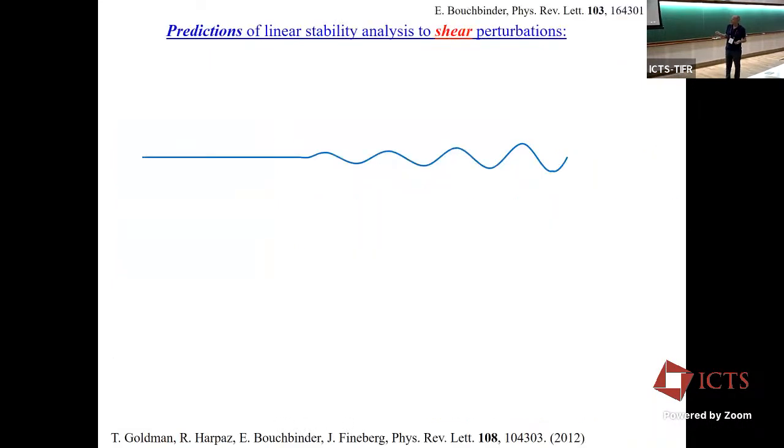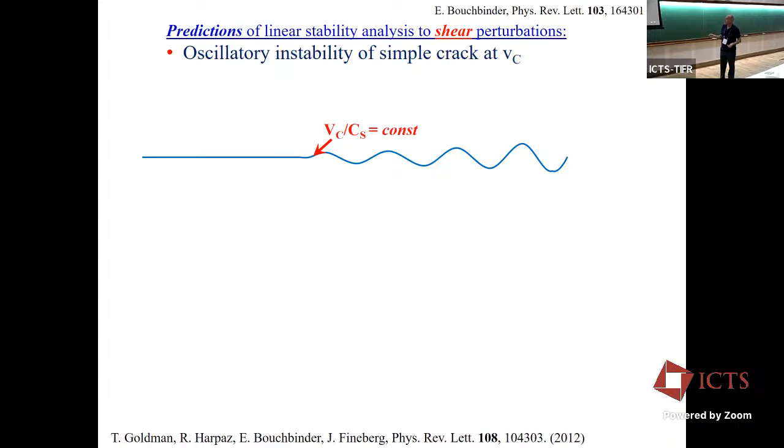So here are the predictions. First of all, he predicted that at a critical velocity, the out of phase relation between the energy flowing into the crack tip and the response of the crack tip already feeds back and does create a linear instability of the crack tip, and there is a critical velocity.